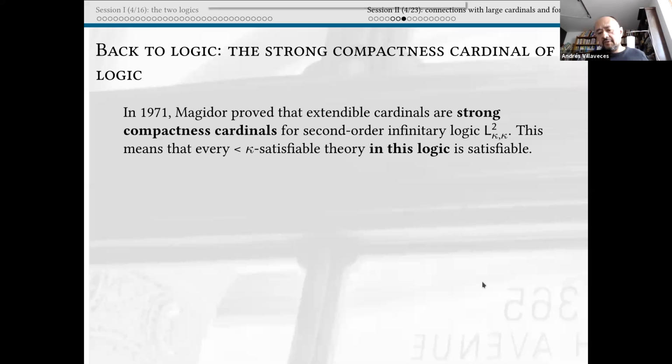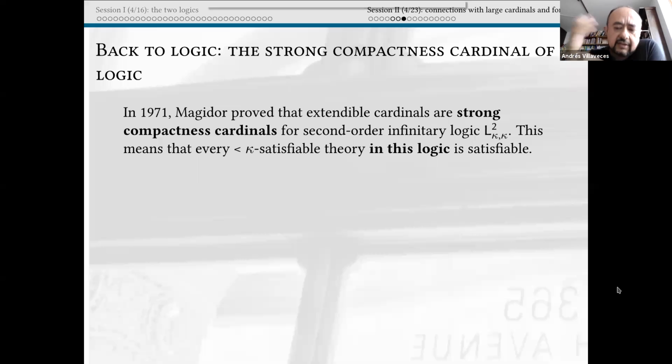So this opened up a line of many connections between being a strong compactness cardinal, or maybe variants of the kind of compactness property we want, and the sort of logic you are looking at.